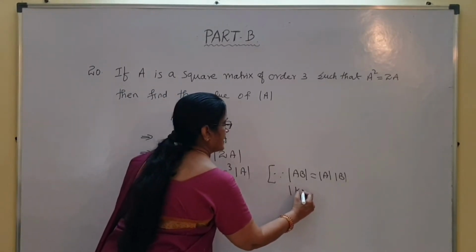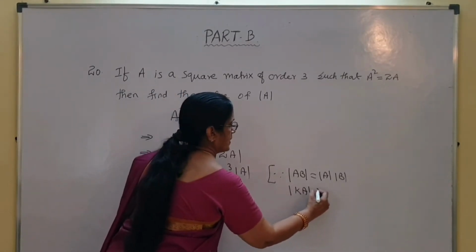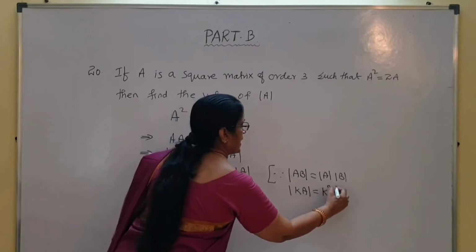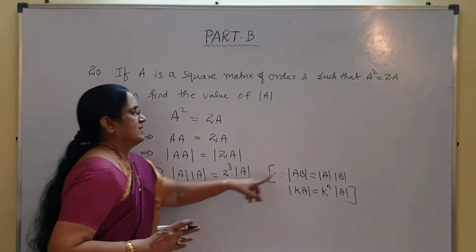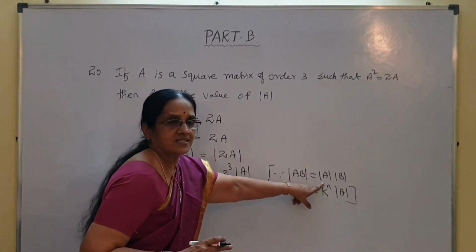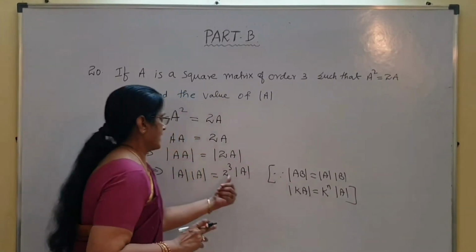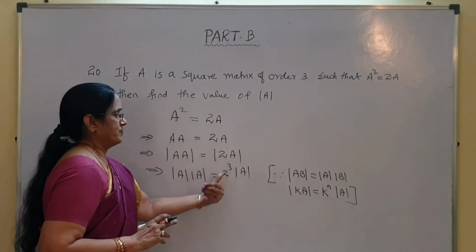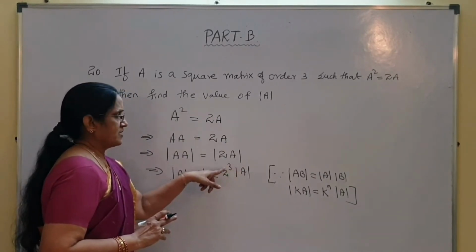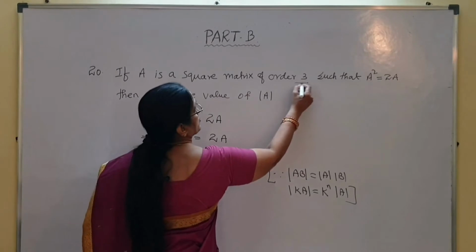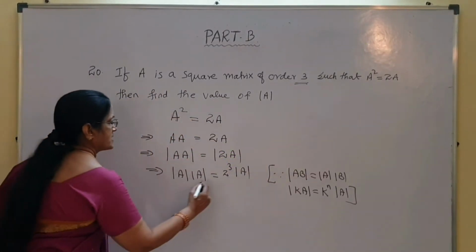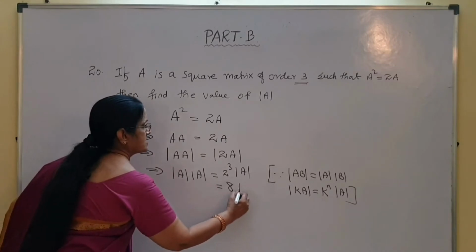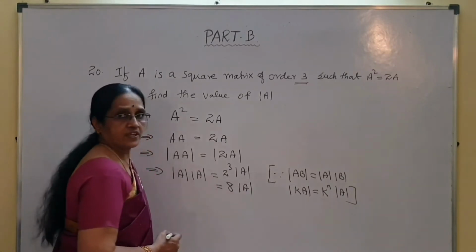Determinant of K times the matrix A is equal to K to the power N into determinant of A, where N is the order of the matrix and K is the scalar. Here K is 2 and N is 3 because the order of the matrix is given as 3. So I will be getting 8 into determinant of A.